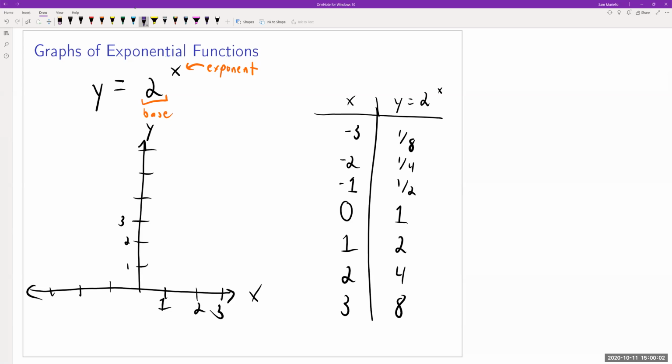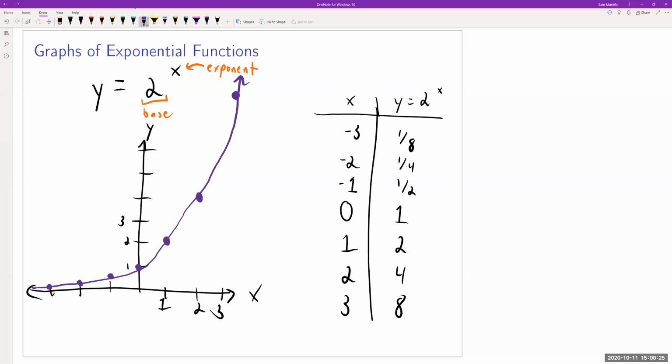So we've got the points (0, 1), (1, 2), (2, 4), (3, 8), and then (-1, 1/2), (-2, 1/4), (-3, 1/8). And there is our graph.